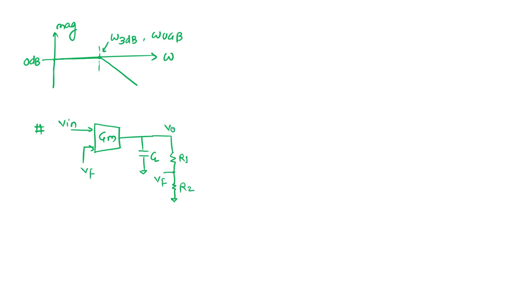With this we can see this for the closed loop system. What is V out? What is the current generated here? The current generated here is GM times V in minus VF, so GM times V in minus beta V out.